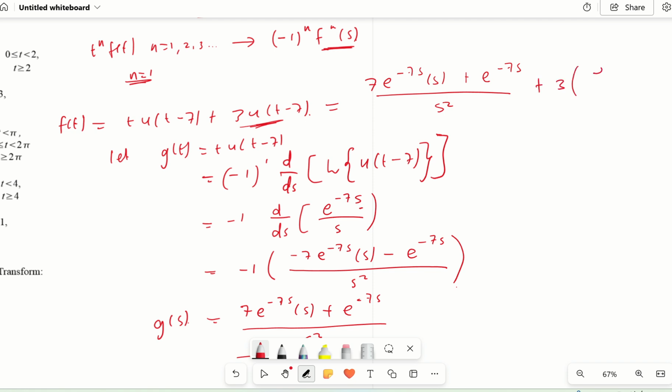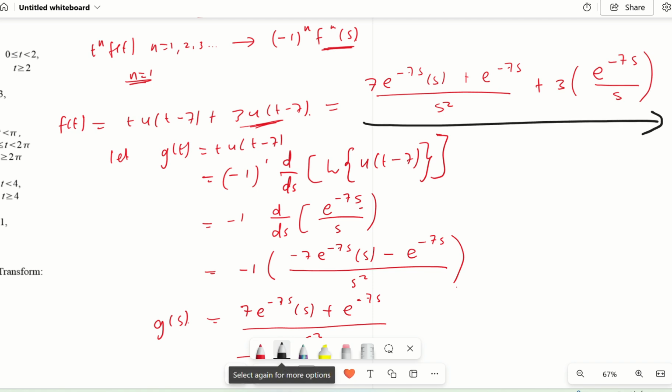Remember, it's e to the negative 7s all over s. This is the final answer. So this is f of s. I hope this is clear so far.